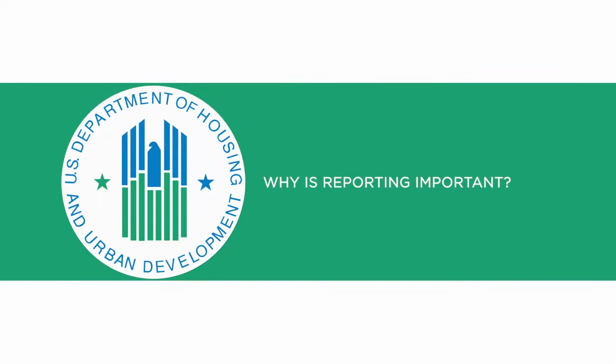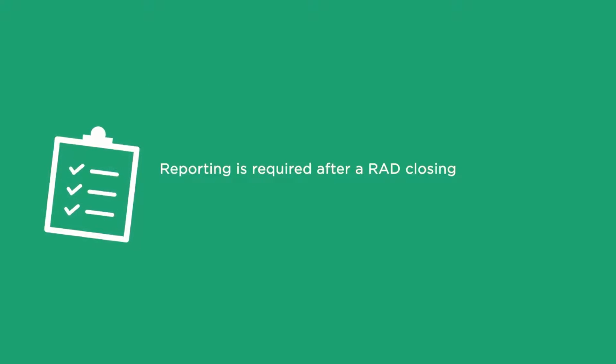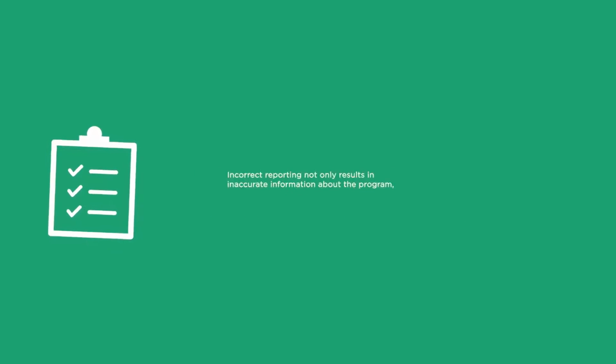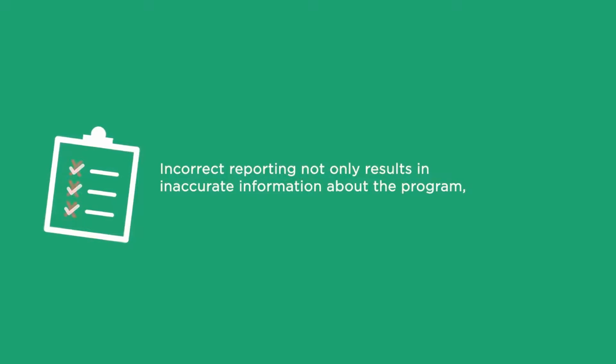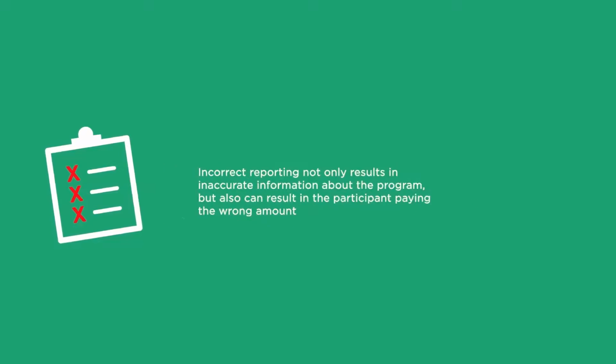Why is reporting important? Reporting is required after a RAD closing and as long as the family occupies the unit, because the data is used to determine annual funding renewal amounts and any eligible fees for PHAs. Incorrect reporting not only results in inaccurate information about the program, but also can result in the participant paying the wrong amount.